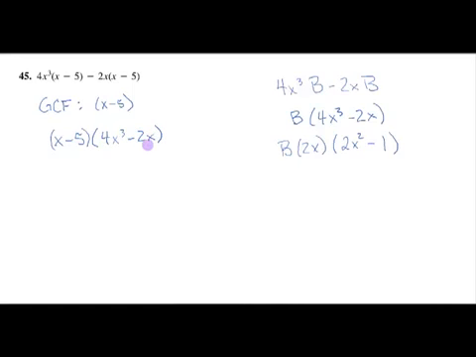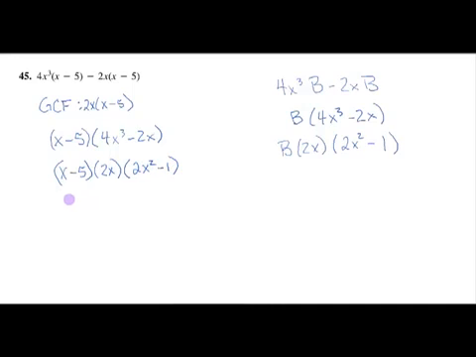Yet this has a greatest common factor of 2x, so our complete greatest common factor is a 2x times x minus 5. So let's go ahead and put our x minus 5 there, take out the rest of the greatest common factor, and we're left with 2x squared minus 1.